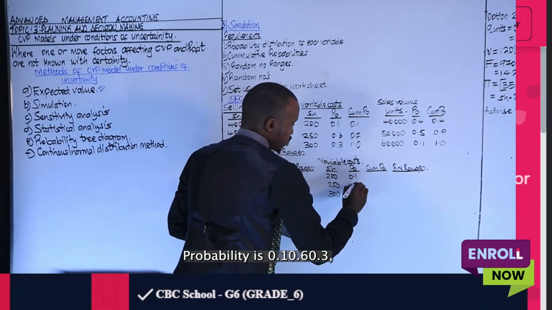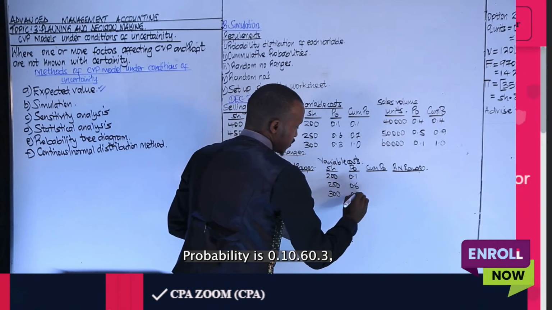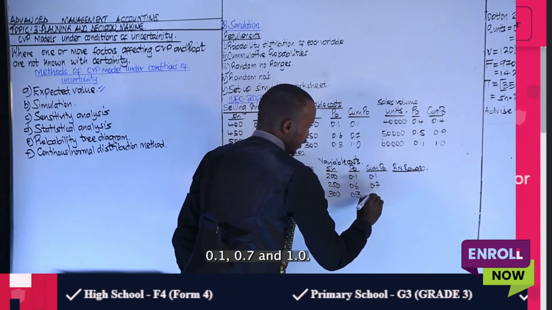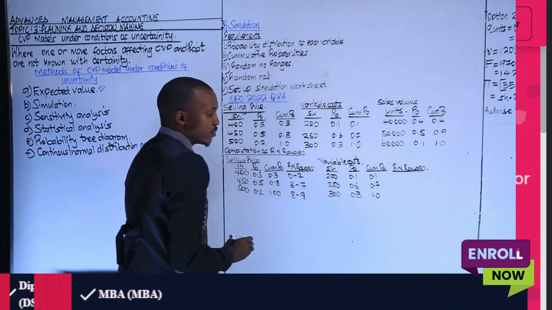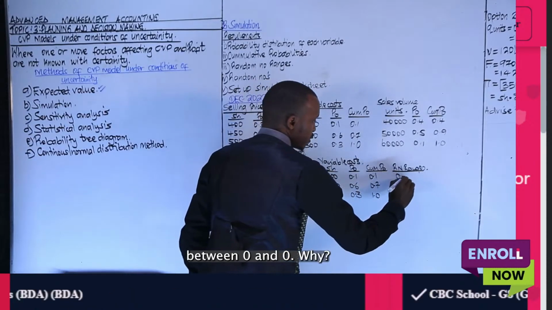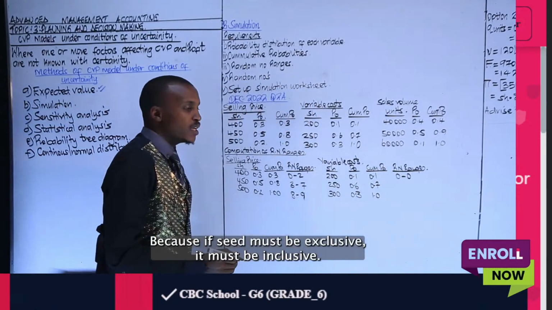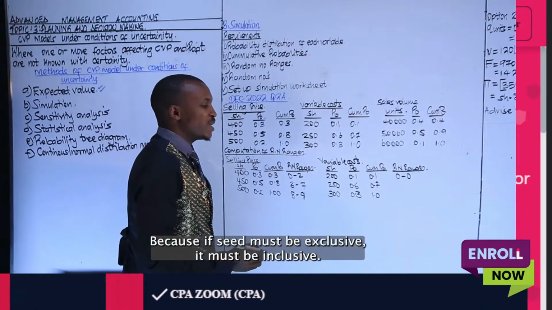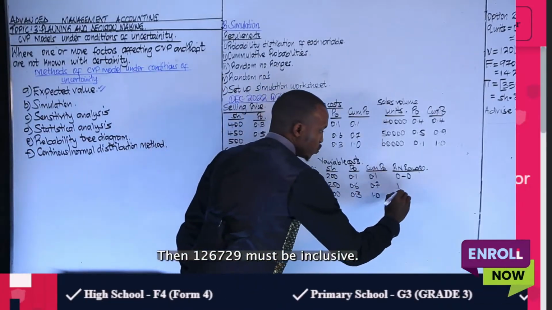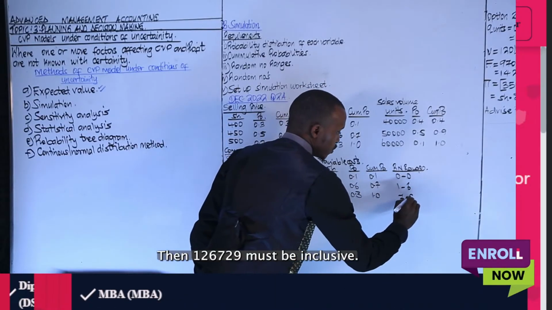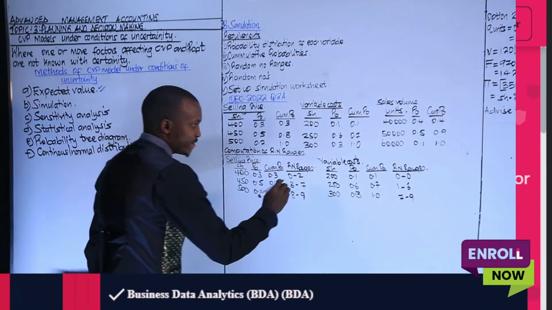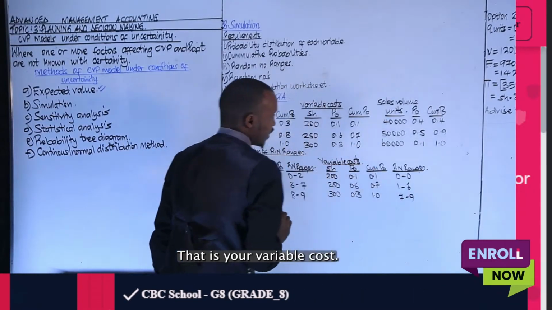Probability is 0.1, 0.6, 0.3, cumulative 0.1, 0.7 and 1.0. The random number ranges now will be between 0 and 0. Why? Because it must be inclusive. Then 1 to 6, 7 to 9, must be inclusive. That is your variable cost.